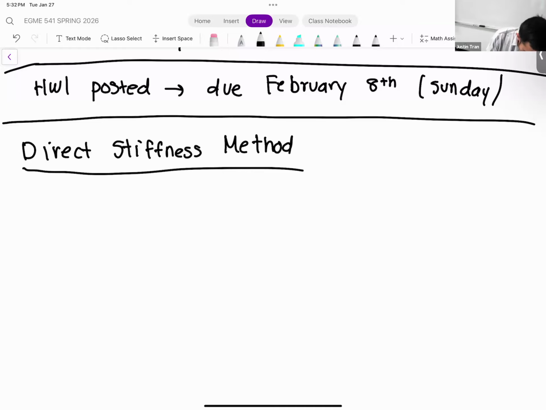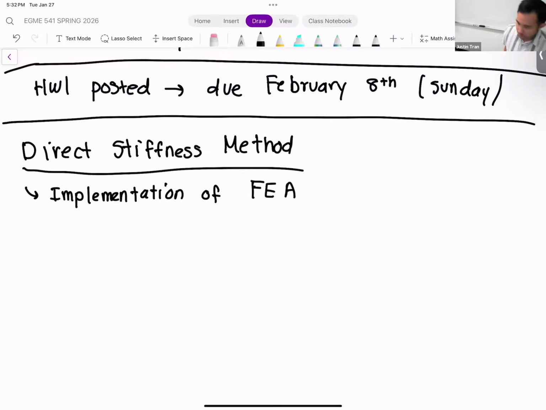Remember, the direct stiffness method is a very specific implementation of the finite element process.